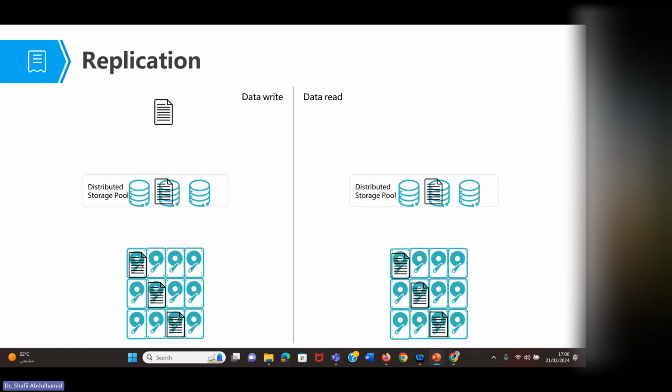So you can see the file is now stored here, here, and also here. This is for write.